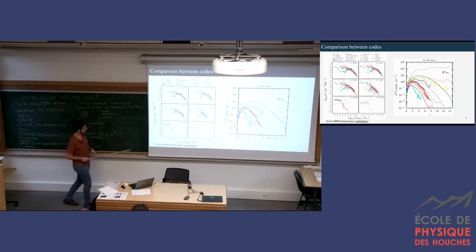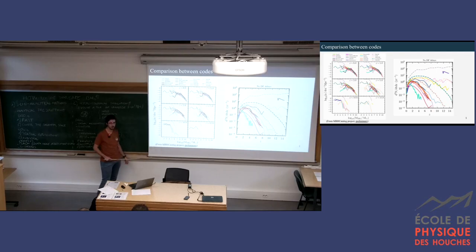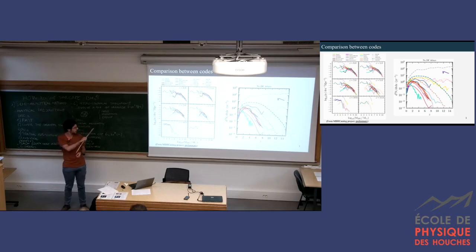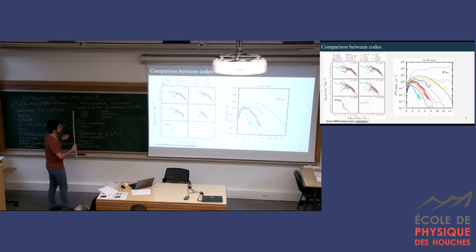So these plots come from a project of the Astrophysics working group, where the idea is that we are comparing simulations, both hydrodynamical simulations and semi-analytical models, to see if they are really different, first, and second, if we can find some physical processes that are more or less understood by the community.